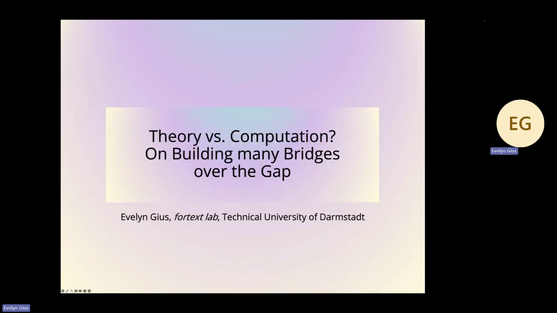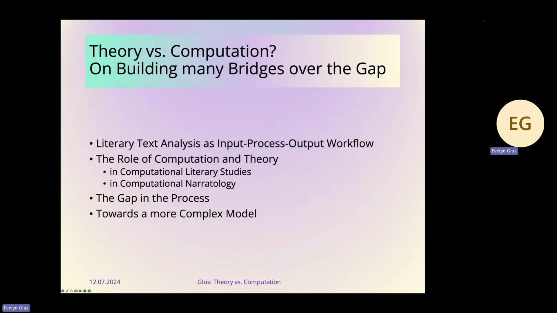Many other fields where this turn towards quantitative approaches is some decades old or even older, or has always been there, typically do not have the problems we have, because we are still only 40, 50 years young. So that's basically the background of what I'm going to do today.